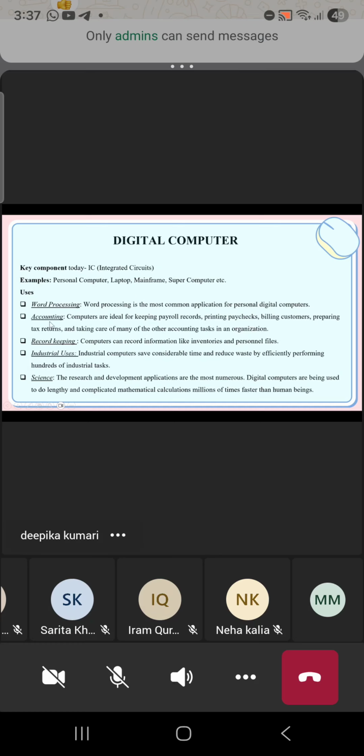All these are accounting services done by digital computers. Then keeping inventories and personal files. So a computer can keep records. Nowadays we are using computers very much in hospital services also.